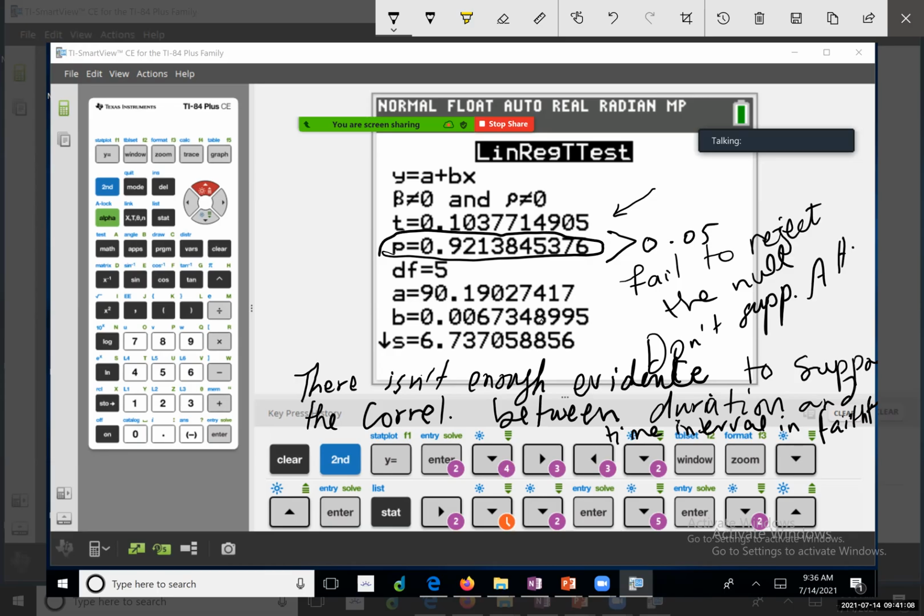There isn't enough evidence to support that there is a correlation. If this was a small p, then you would say there is enough evidence to support that there is a correlation.